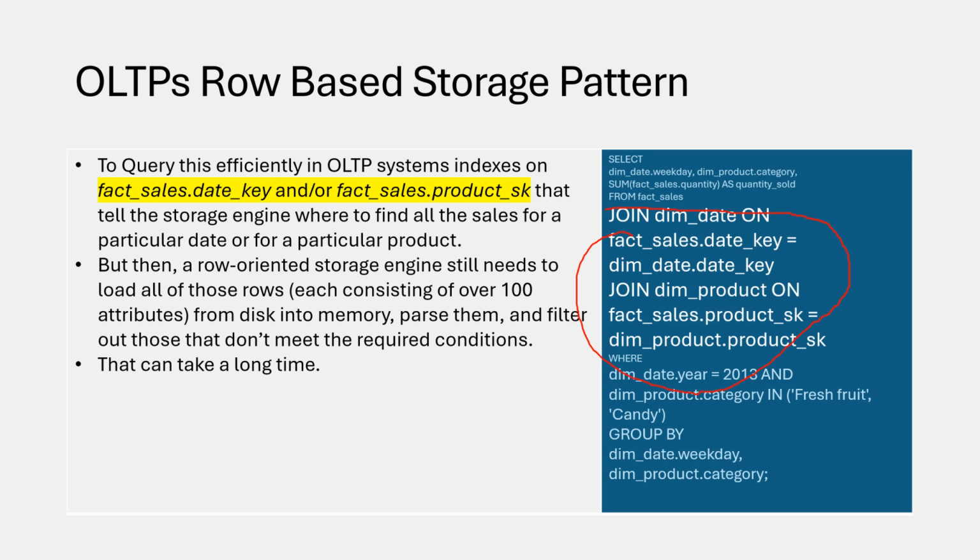This example is fetching the data, getting a sum of quantity sold on a particular date, which is year 2013, and the category was fruit or something. Then it is grouping by. But to do that, it has to join two or three tables.